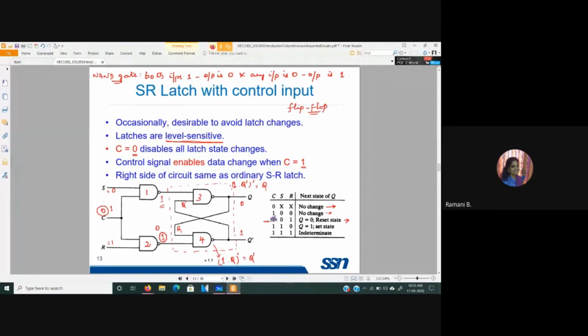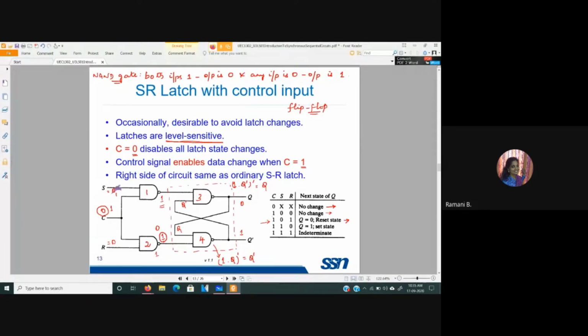So with C equal to 1, if S and R values are 0, 1, this is the reset condition. The same way you can check for the set condition also. So here R is equal to 0 and S is equal to 1. As one of the inputs is 0, the second NAND gate's output is going to be 1.